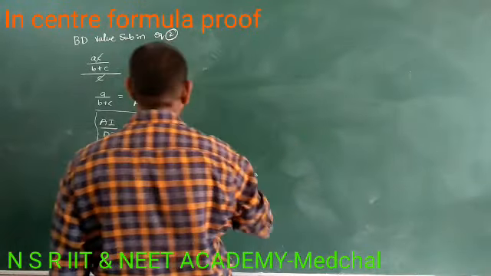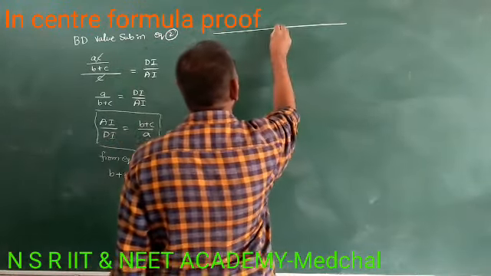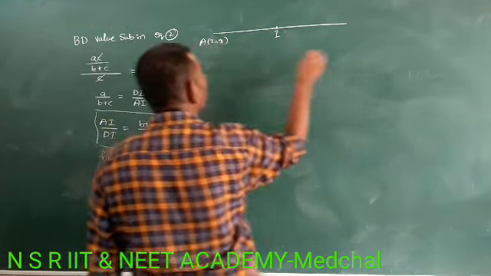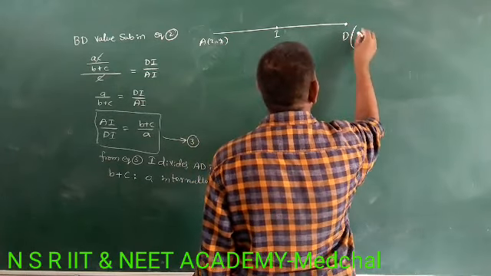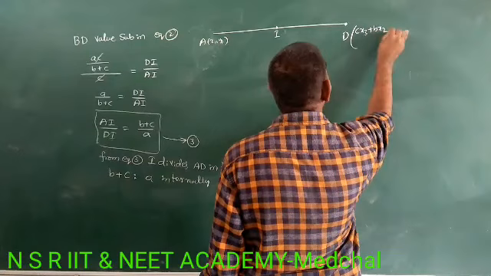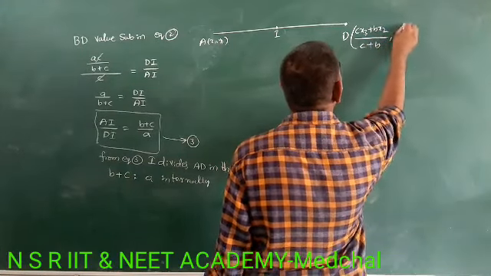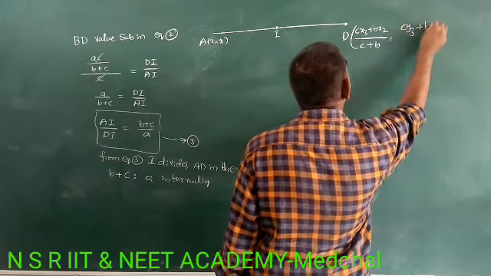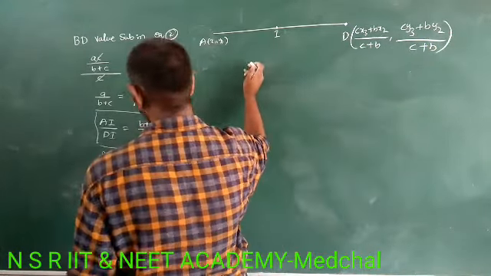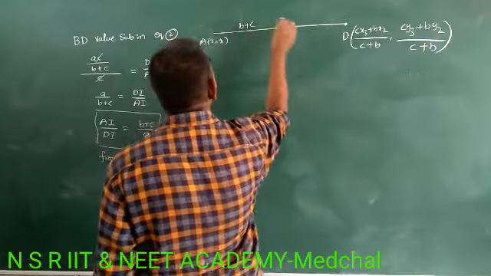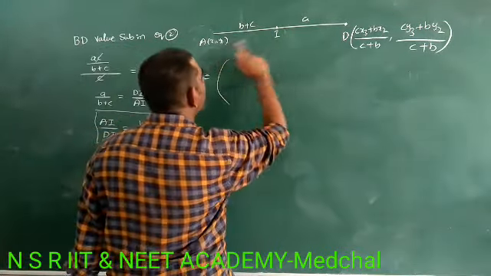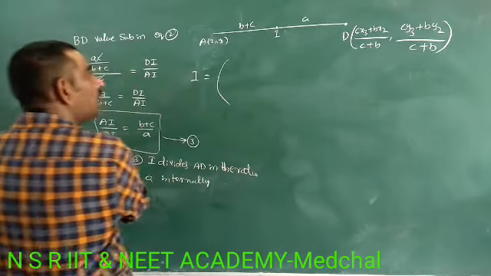I divides AD, and we know the coordinates of A and D. D is (Cx3 plus Bx2 by C plus B, Cy3 plus By2 by C plus B). What is the ratio? B plus C is to A internally. So I divides AD in the ratio B plus C is to A internally.